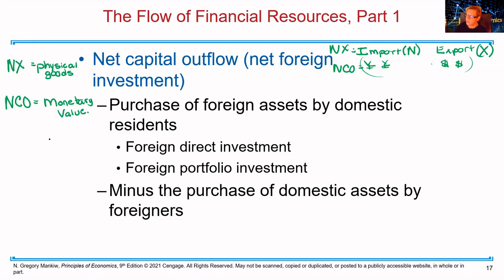So net exports, this is the important part, net exports have to always equal net capital outflow. Always, always, always. So what are some types of net capital outflow? First of all, the purchase of foreign assets by domestic residents. So this is a person in the US that buys stock in Sony.